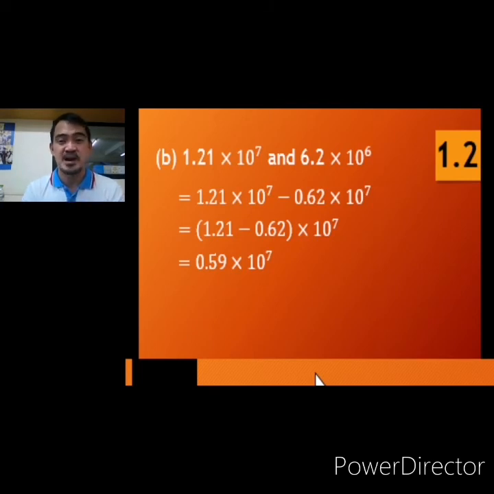We need to simplify our answer because 0.59 times 10 raised to 7 doesn't follow the general rule in writing exponential notation. So we need to move our decimal point one place to the right. Moving your decimal point one place to the right is the same thing as subtracting 1 from your power of base 10.